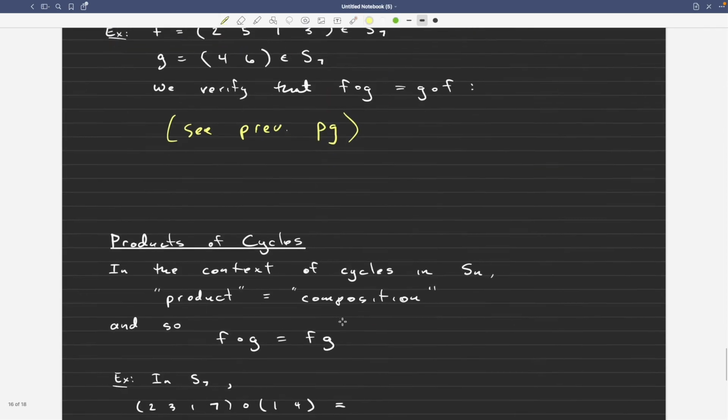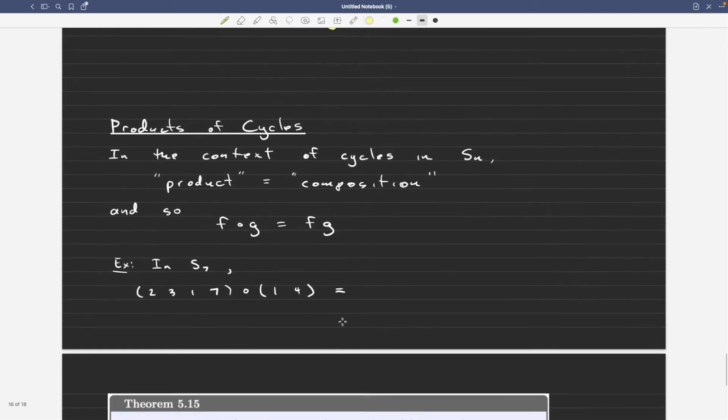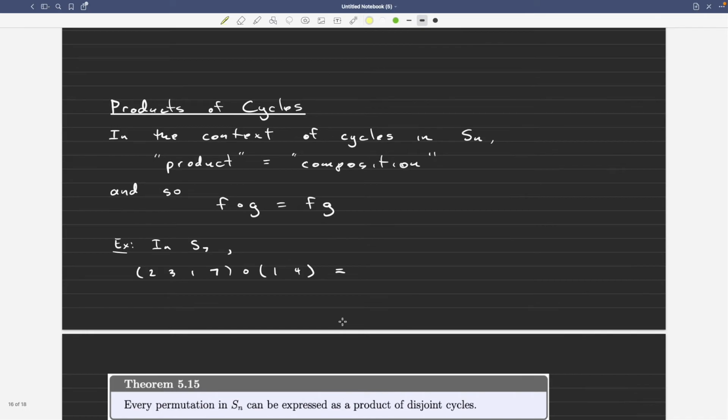So now let's talk about products of cycles. In the context of cycles in S_n, when we use the word product, it just means composition. So instead of saying F composed with G, I'll just say FG, or F times G, but I understand that times here really means composition.